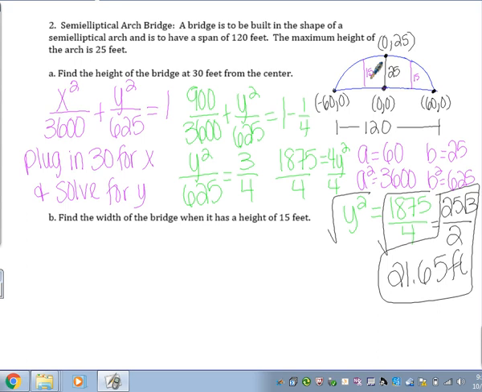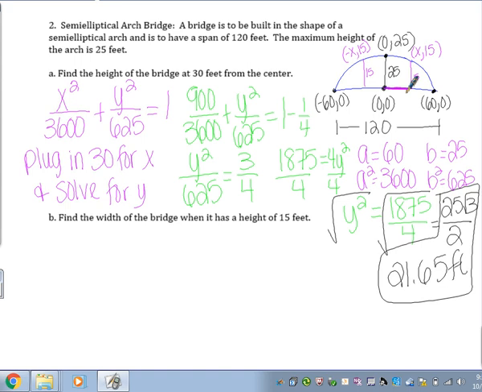X. So that means here, this is some x value and 15. This is the opposite of that x value and 15. What we can do is find the width here, find this value, and then we can double it, and that'll give us the full width. Does that make sense? So we're going to find this part.